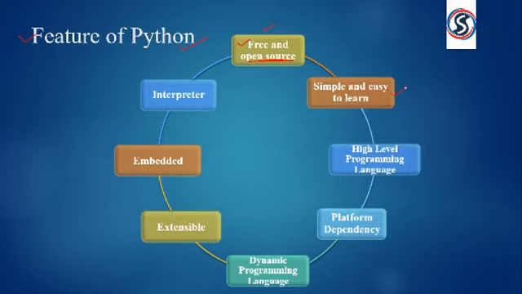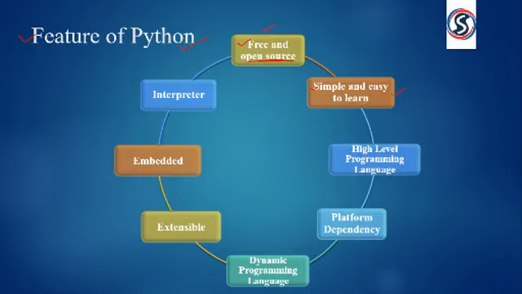So here we can reduce the development cost of the project. C++ and Java are comparatively tougher than Python, but Python is very simple and easy to learn.